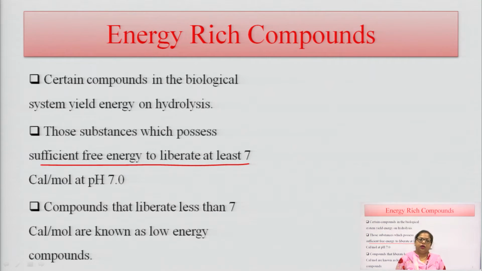Compounds that liberate less than 7 kilocalorie per mole at neutral pH are known as low energy compounds.